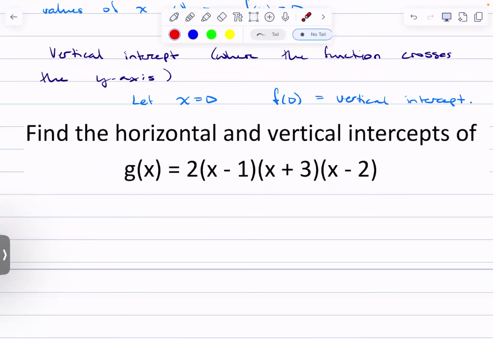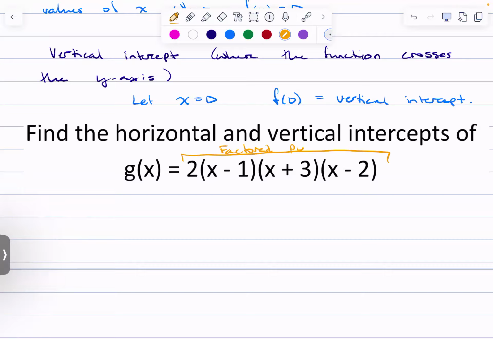If I'm feeling very nice, which often I am, for finding things like the horizontal and the vertical intercepts, I'll give you a factored polynomial. So this is a factored polynomial. You could, for another soothing weekend activity, expand this if you wanted to, and it would generate a polynomial, right?